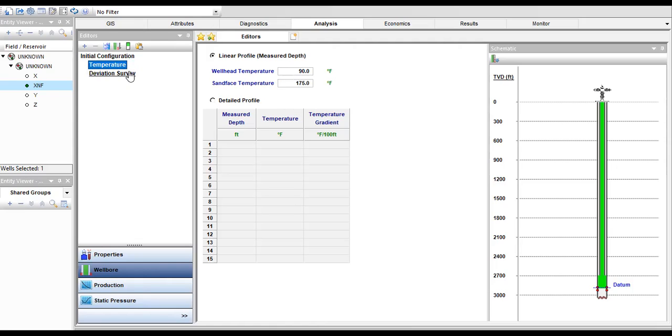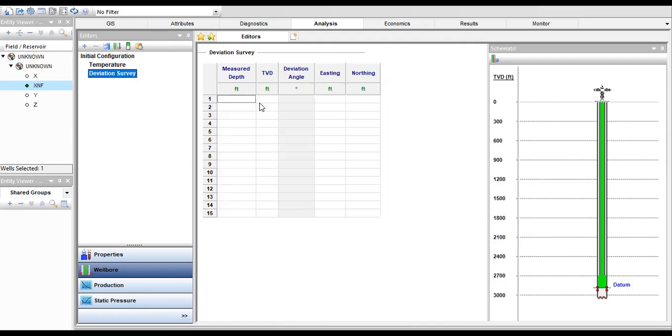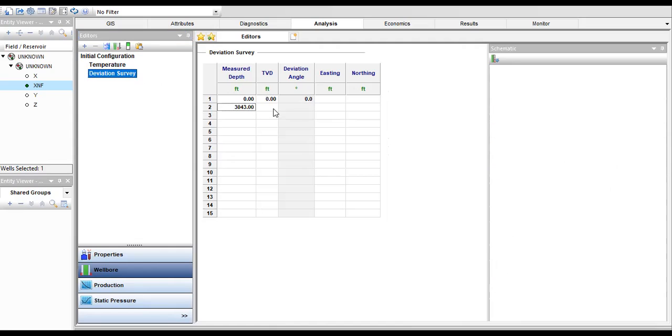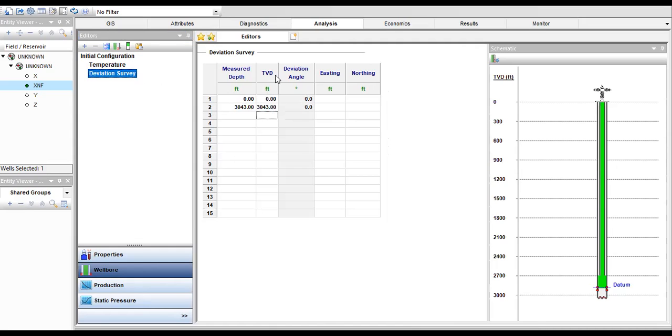Okay, and deviation survey, starting from 0, 0, down to, I need to check the casing. This one, beautiful. It's actually a vertical well, okay? But of course, you can also model the horizontal well, deviated well using Harmony Enterprise.